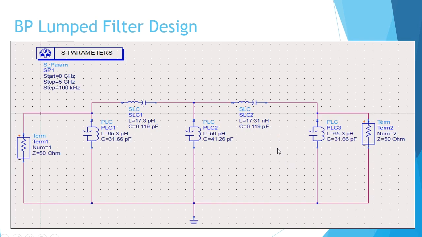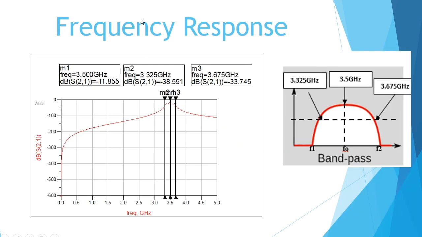After that, I will apply the circuits in the ADS system. Then I will substitute the values of inductors and capacitors that I get from the manual calculations. Then I will simulate it to get the frequency response graph of the bandpass filter.